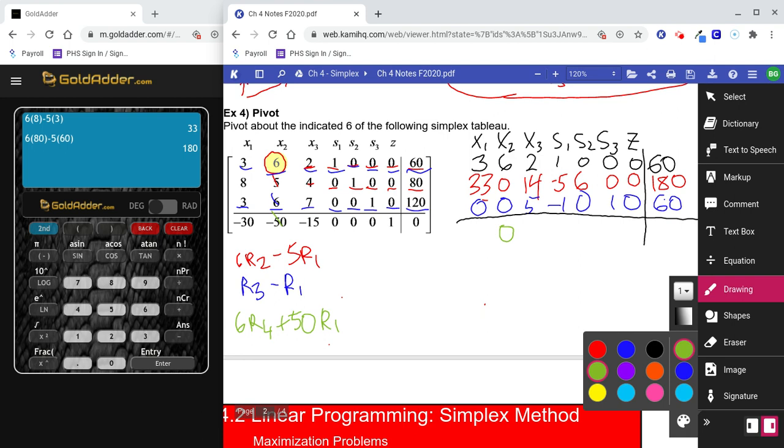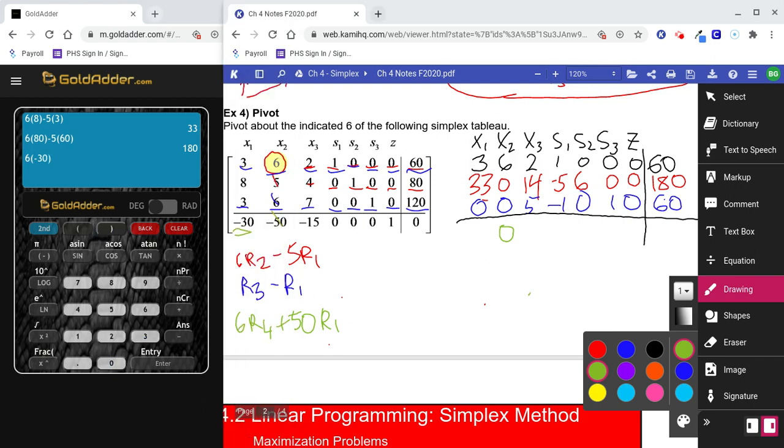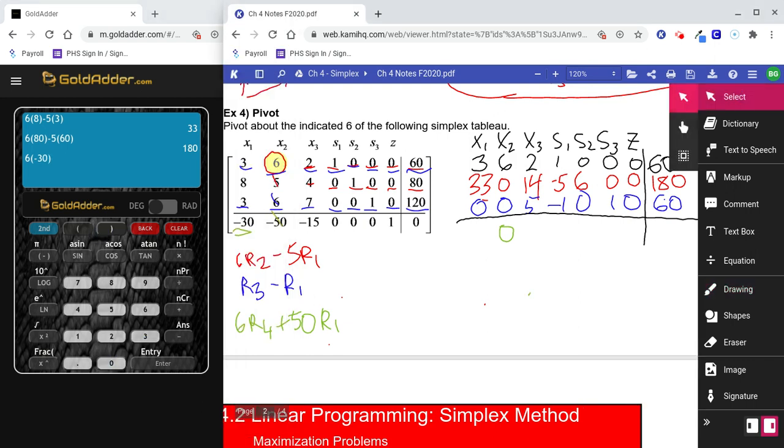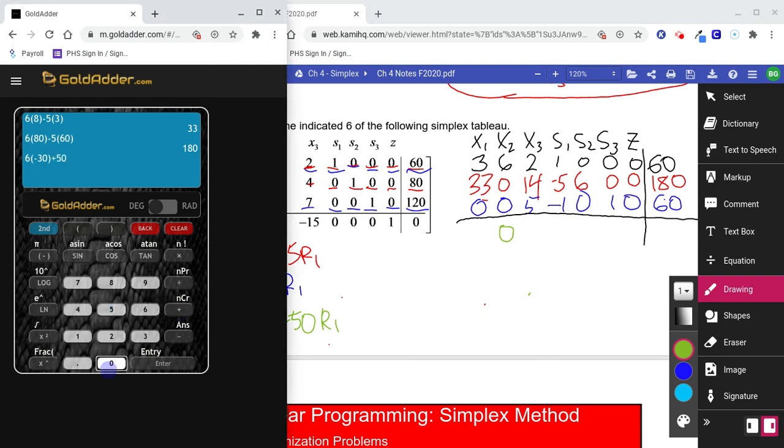So you can see that's going to be 0 already. So 6 of the row 4s, plus 50 row 1s, so plus 50 of these 3s. You can probably do that in your head. We got negative 30.